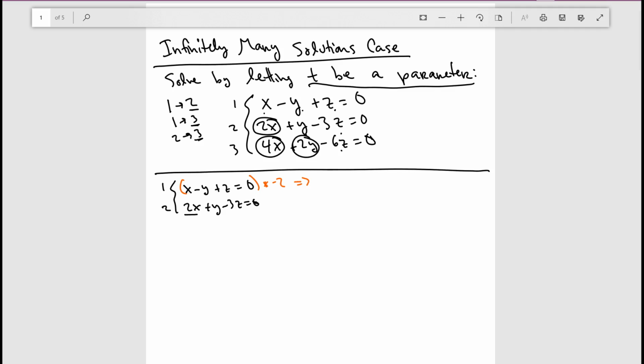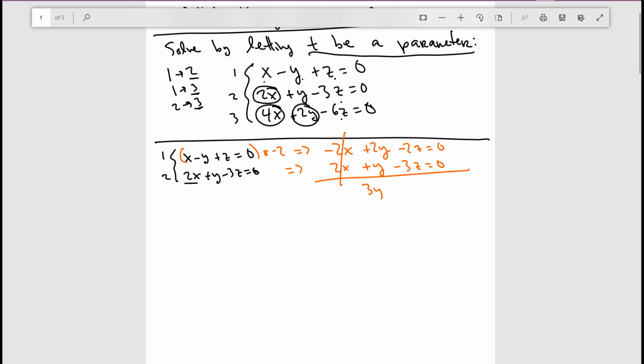That's going to give me negative 2x, positive 2y, negative 2z equals 0, and the bottom one is going to stay the same, 2x plus y minus 3z equals 0. This goes away. I'm left with 3y minus 5z equals 0.